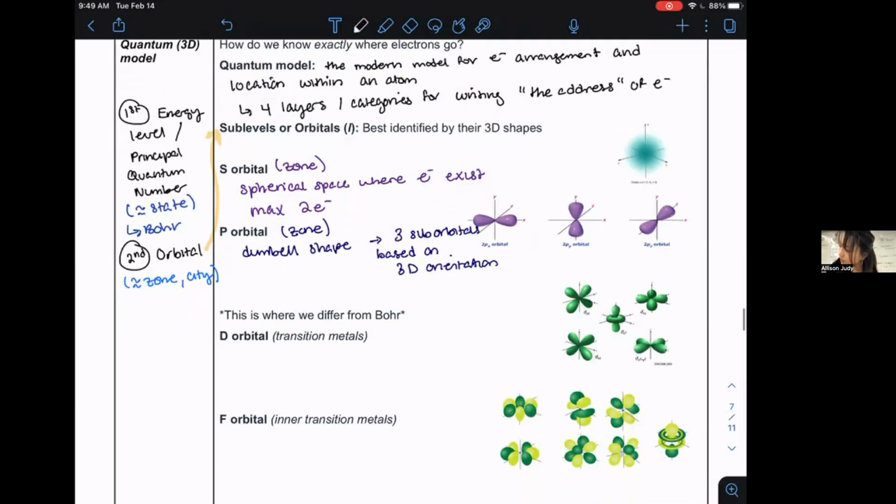And what we see is that together they hold a max of 6 electrons. So that means each suborbital holds how many? If I have a max of 6 between all 3 of those p's, 2. Each suborbital holds 2 electrons.